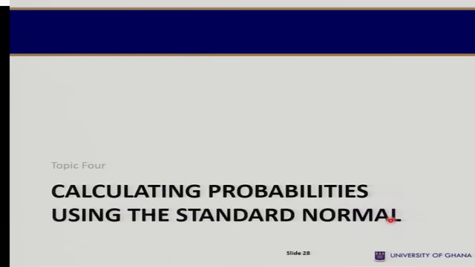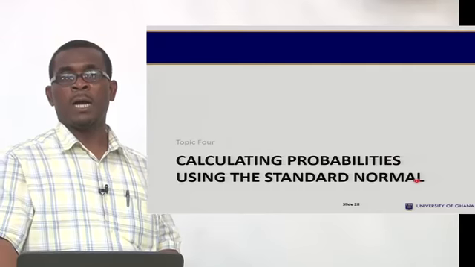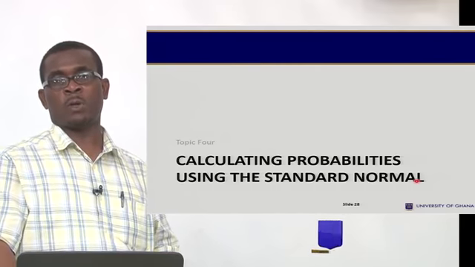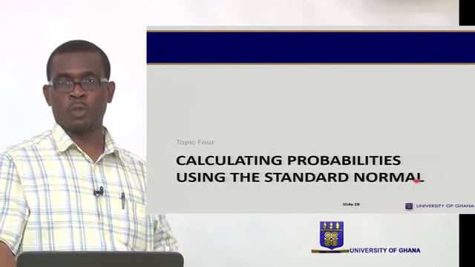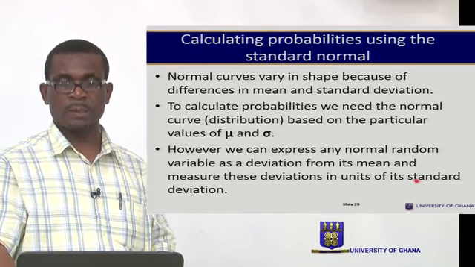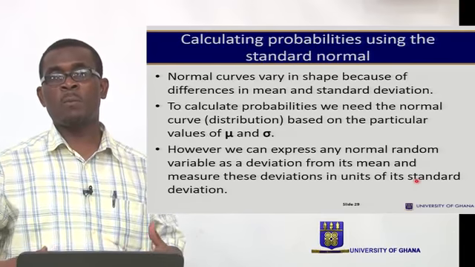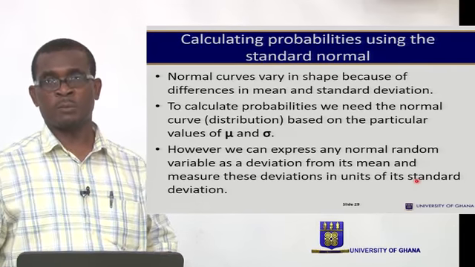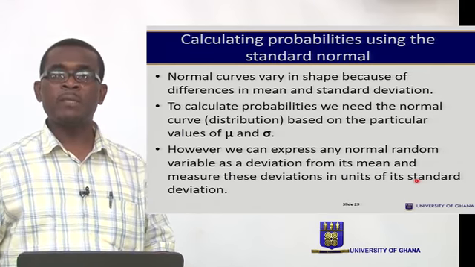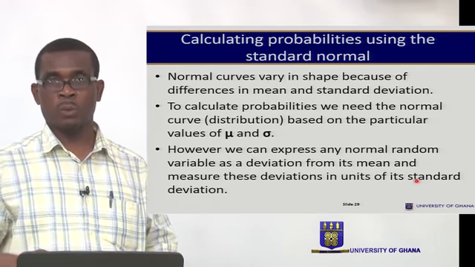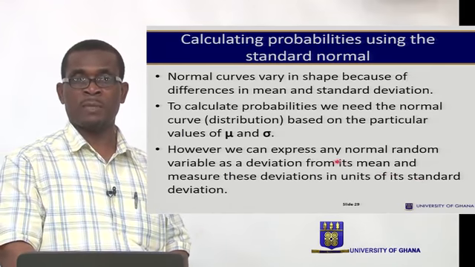Now let's move on to look at how we can use the normal curve, or what is called the standard normal distribution, to calculate probabilities. Now, I indicated that normal curves vary in shape and in location based on the values of mu, the mean, and sigma, the standard deviation.